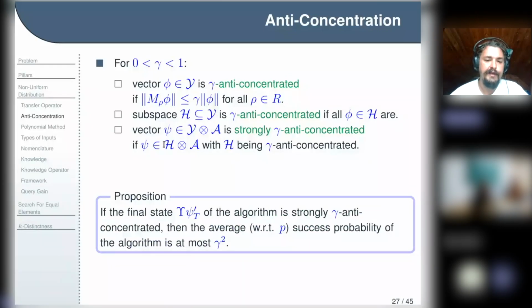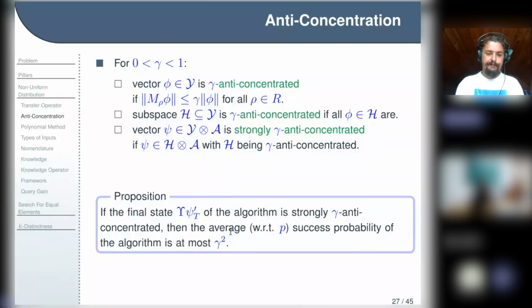If the final state of the algorithm, which is upsilon psi t prime, where psi t prime was the final uniform state of the algorithm, and I'm applying upsilon to go to this new probability distribution, is strongly gamma anti-concentrated, then the average success probability of the algorithm, with respect to this probability distribution P which I care about, is at most gamma squared.